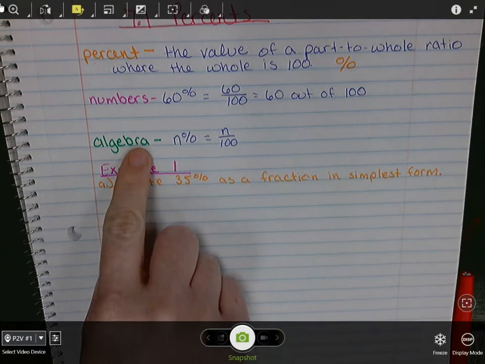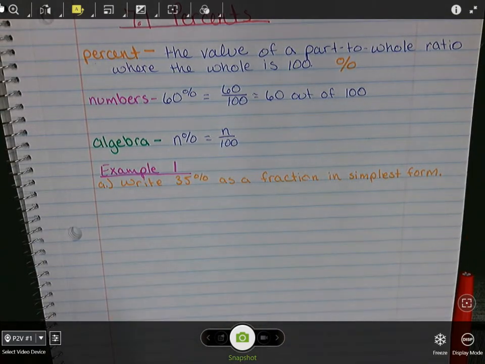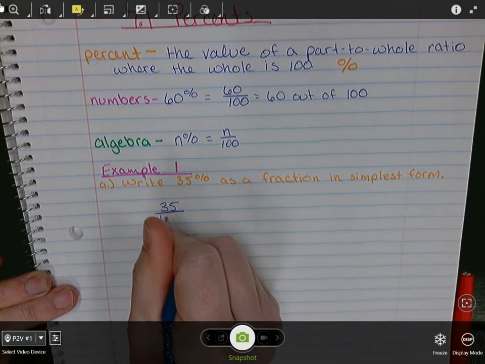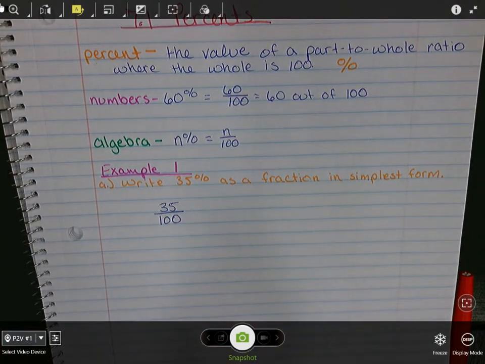Okay, so this tells us to just take the number and put it over 100. So we would do 35 over 100. Okay, and then you need to simplify.